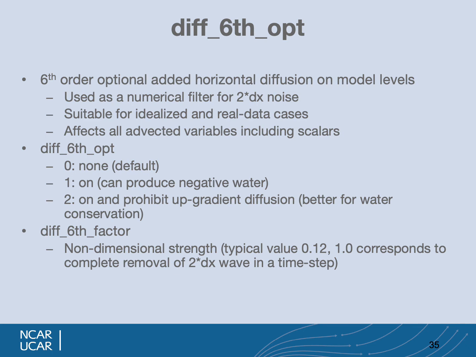There's a factor as well, diff_6th_factor, which controls the strength of this term. Typical value is 0.12, which is quite a strong diffusive term for this 2 delta x noise. A value of 1 would correspond to a complete removal of a 2 delta x wave in 1 time step. We only recommend using this when you see significant amounts of noise.